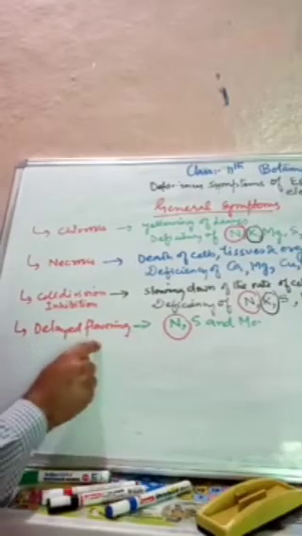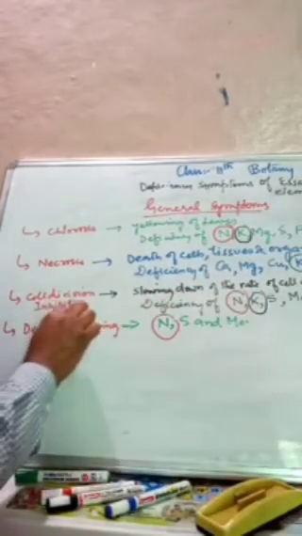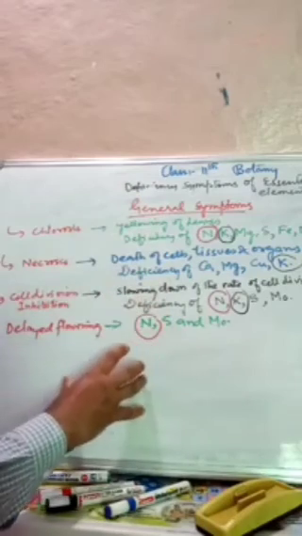Due to the deficiency of nitrogen, there may be chlorosis, cell inhibition, delayed flowering. Similarly, by the deficiency of potassium, there may be inhibition of cell division, necrosis, chlorosis. So we can say one element deficiency can have multiple effects on plant growth and plant development.